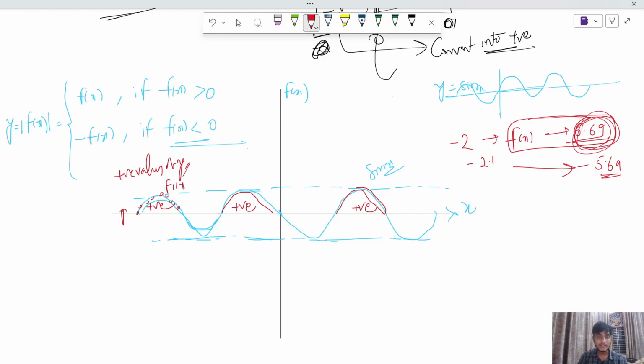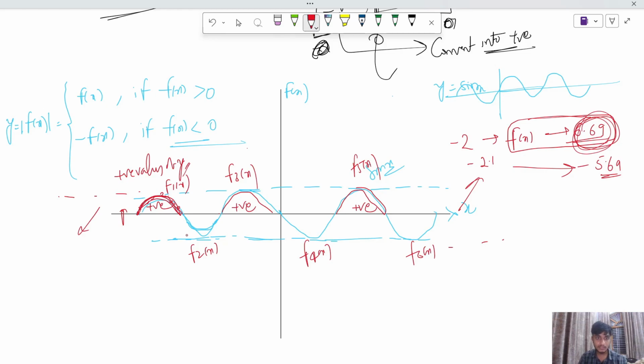Let's call these pieces f1 of x, f2 of x, f3 of x, f4 of x, f5 of x, f6 of x, and it goes on like this. Here f1 of x is positive, so let's keep it as positive.